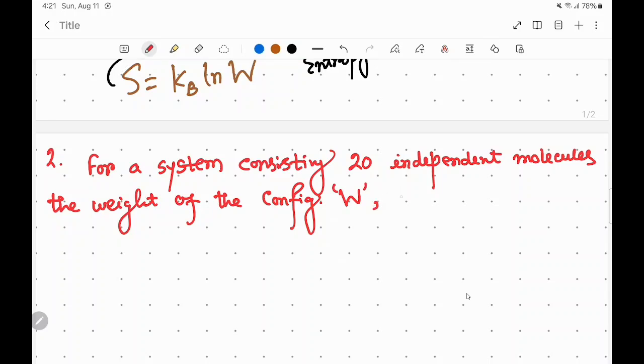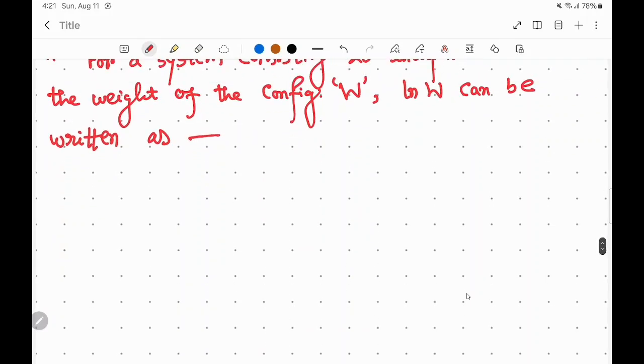Now ln W can be written as... You have to calculate ln W, right? But this formula is given: sum over i of N_i d N_i.